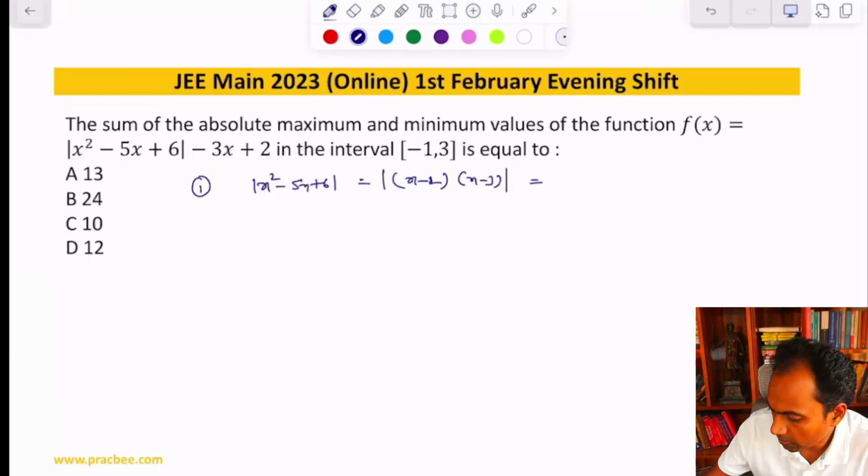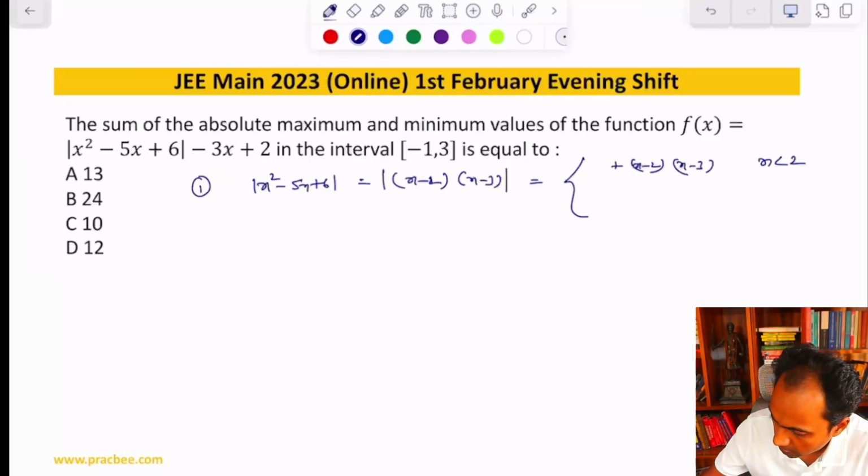So if I want to interpret this, this can be written as plus x minus 2 into x minus 3 for values of x smaller than 2. Between 2 and 3, this will open with a negative sign.